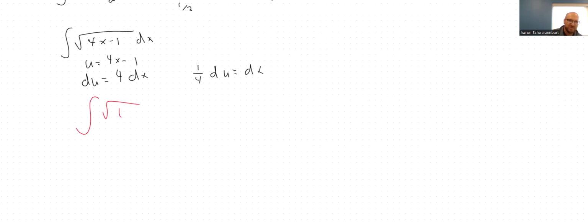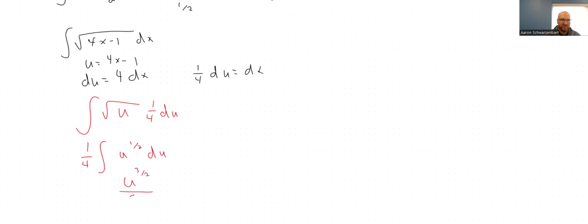4x minus 1 becomes a u, dx becomes a 1/4 du, which I will bring to the front. I can bring constants to the front of the integral. I now raise my power by 1. 1 plus 1/2 is 3/2.